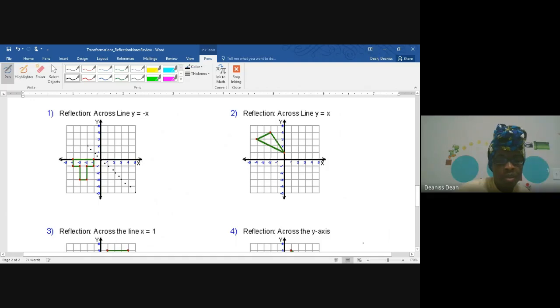The biggest thing when you're doing reflections is looking at what the points would be. Translations was just shifting. Reflections, you're just looking at the points and then changing the sign on the points or changing the numbers. So for example, I'm going to start with this point here. This is the point -4, -1.